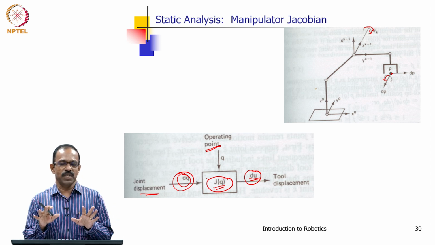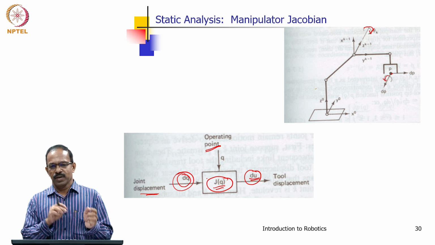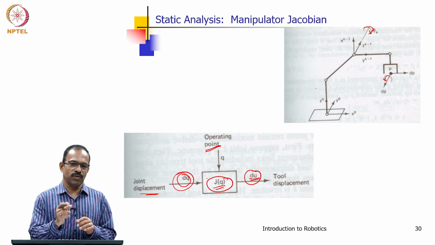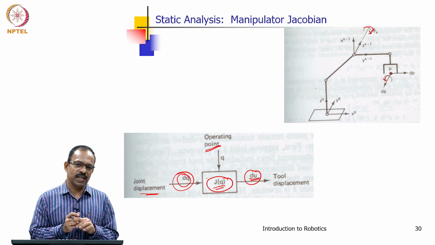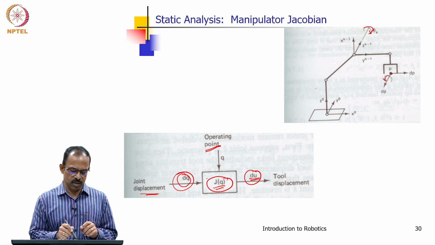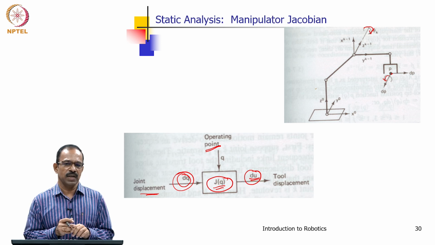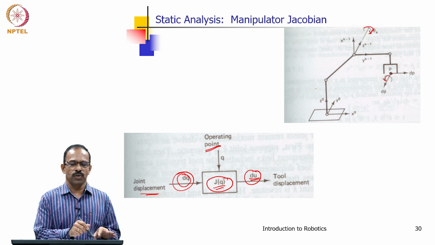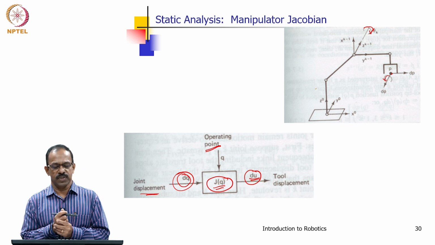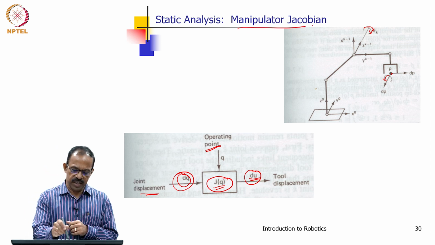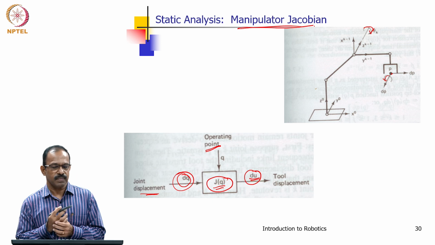Though our normal displacements q and x are related using the forward kinematics, here we are saying that very small displacements can be related through J(q), and this J(q), the manipulator Jacobian, can be used to represent this relationship. So, that is how the manipulator Jacobian is defined.